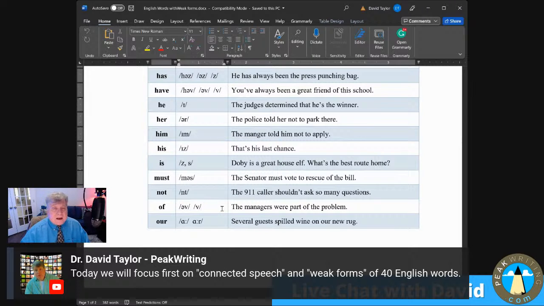The managers were part of the problem. So you can either say "of" or eliminate the schwa, "part of," where you get only the bilabial voiced fricative.